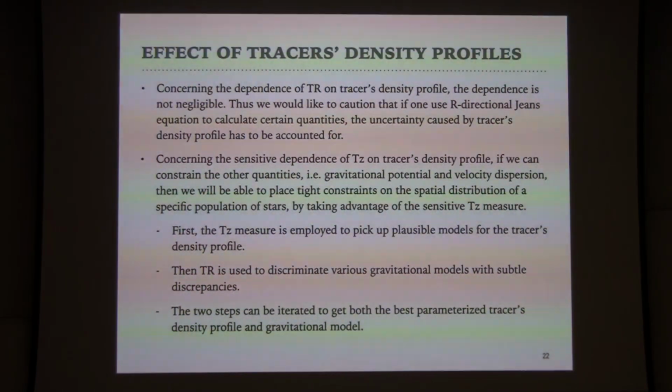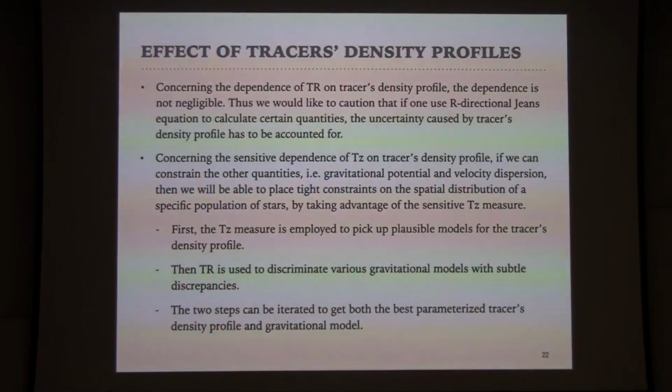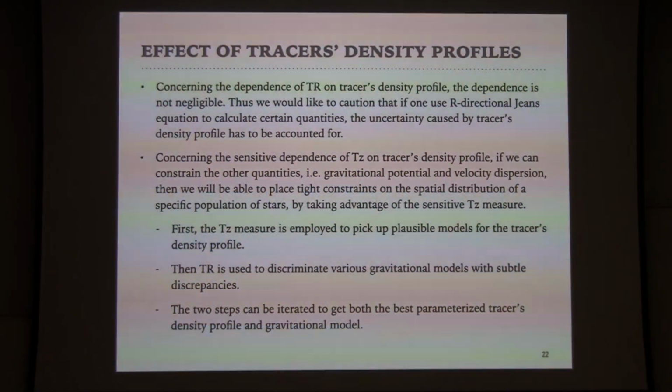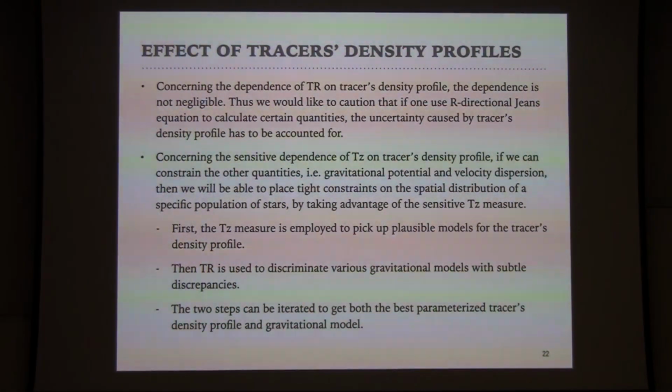On the other hand, TZ's sensitivity to the tracer's density profile could be turned into an advantage. If we are able to constrain other quantities like the gravitational potential and the velocity squared, we can use these sensitive TZ measures to place tight constraints on the spatial distribution of a specific population of stars.